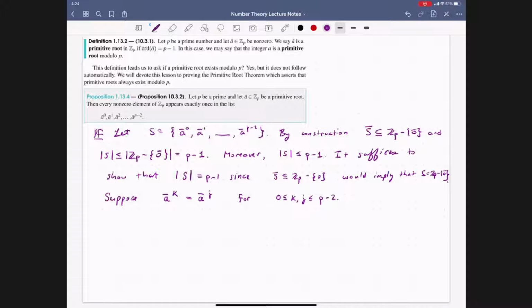So this is our assumption. So we're assuming that this is true. And what we want to show is that then k must be equal to j. And if that's the case, then every single element in here is distinct.